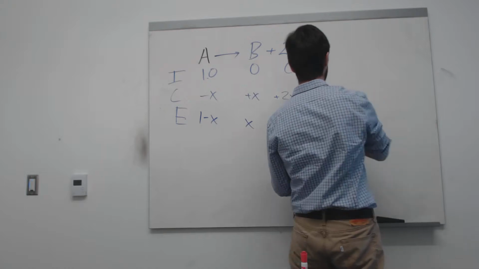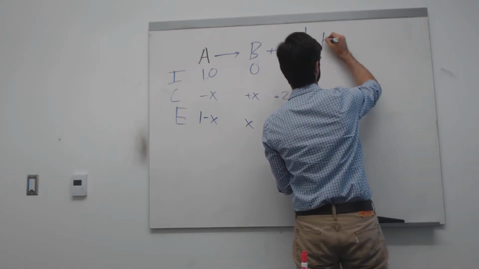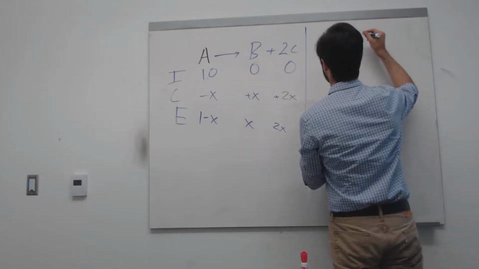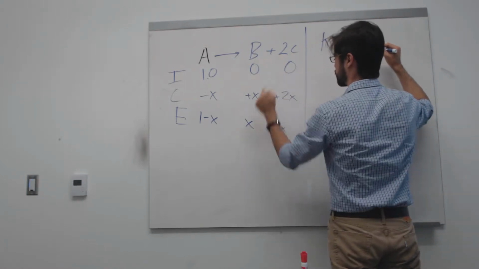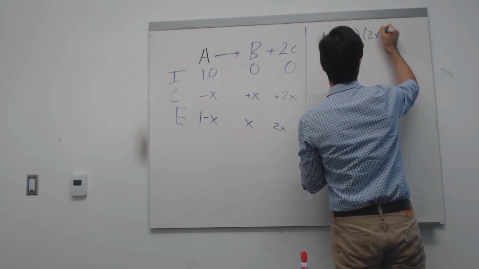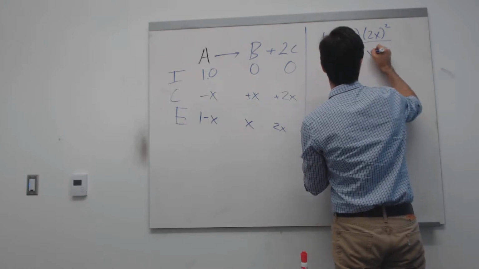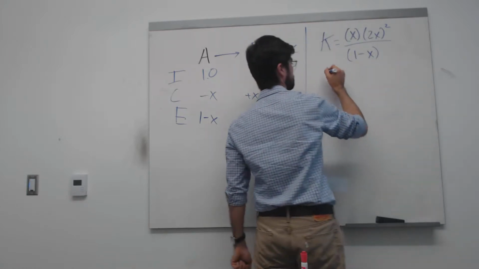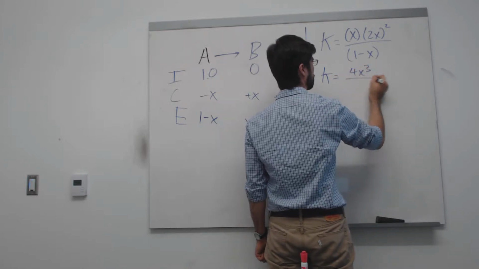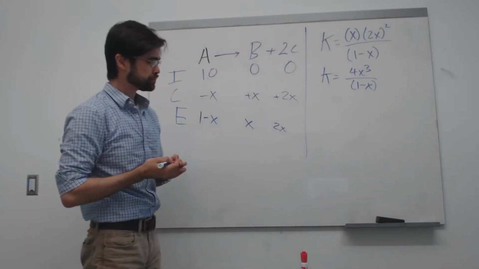When I plug these into my law of mass action, I have products to their coefficients over reactants. So I have X times 2X squared over 1 minus X. This will end up being 4X cubed over 1 minus X.